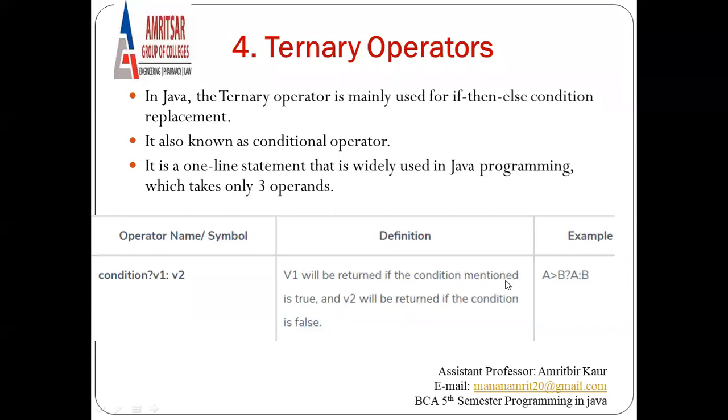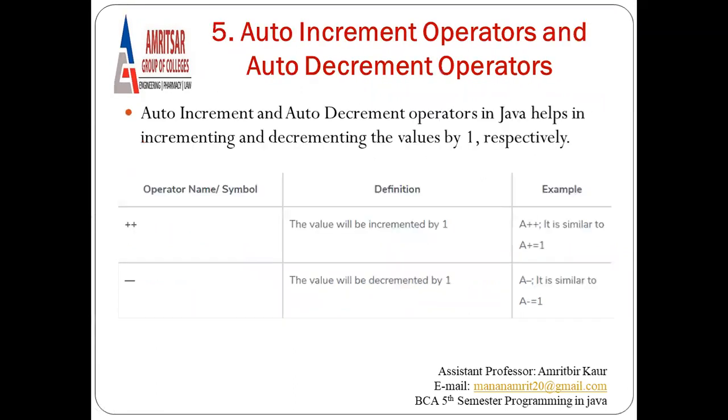Then we mention our operands A colon B. So A will be returned if the condition is true, B will be returned if the condition is false. So this is used to find the greater number between two numbers.